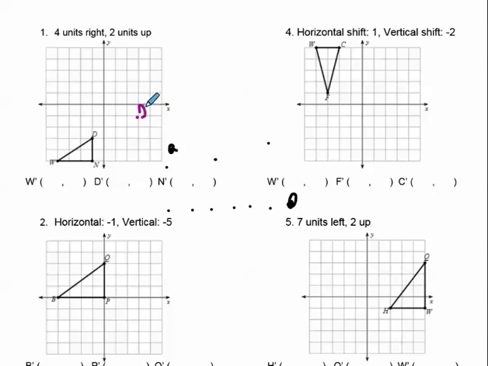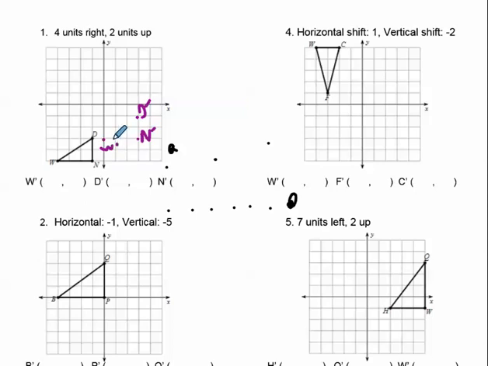And then you would do the same for N. We move 1, 2, 3, 4, up 2. N prime. You do it for each point separately. Then we do W, 4 to the right, 2 up, 1, 2, 3, and 4, up 2. And that was W prime.